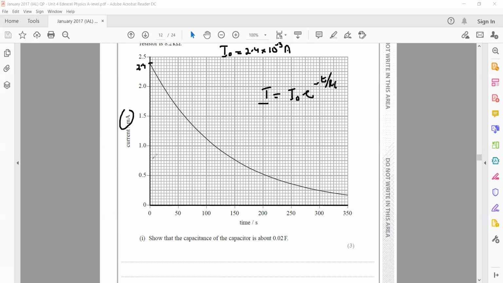Any current you can take. I will take a simple value so that it will make easy for calculation. So I took time 50. So when I took time 50, the current was how much? Between 1 and 0.5. So it is 0.75 milliampere. So this I is equals to 0.75 milliamperes.